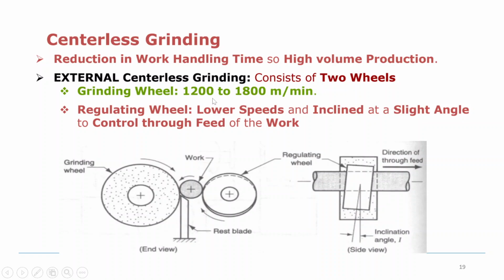The grinding wheel runs at 1200 to 1800 meters per minute, and the regulating wheel runs at lower speeds and is inclined at a slight angle to control the through feed of the work. So this one has lower speeds compared to the grinding wheel.